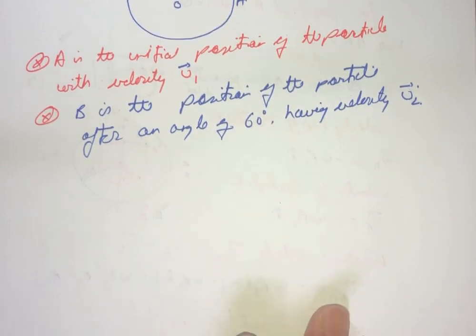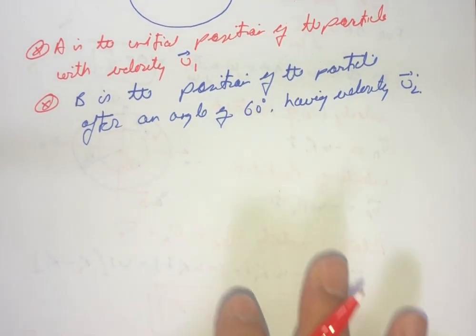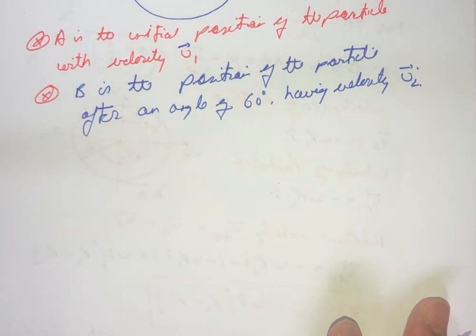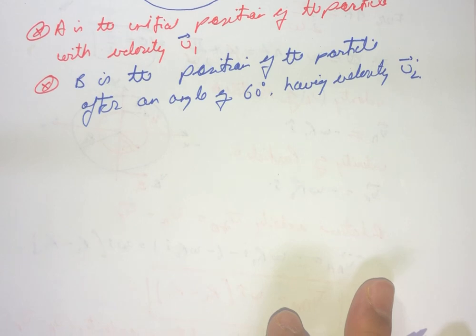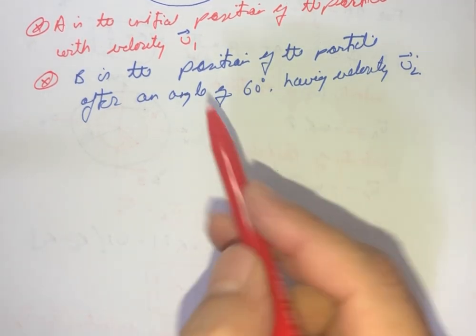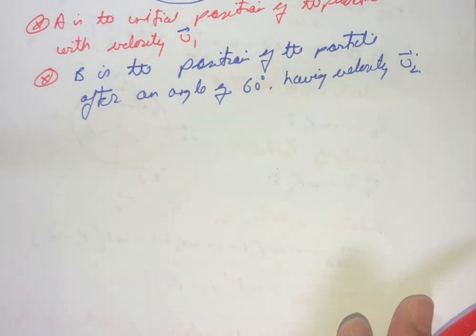So we are going to find out their magnitude. For that, let us find out the angle between the v1 and v2.